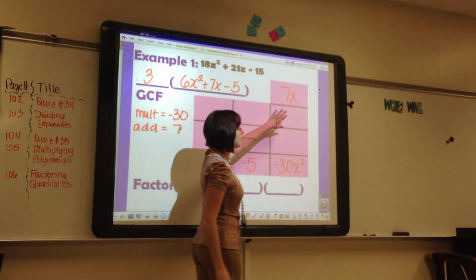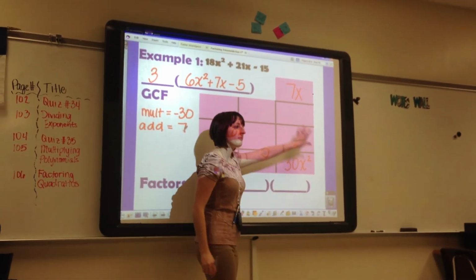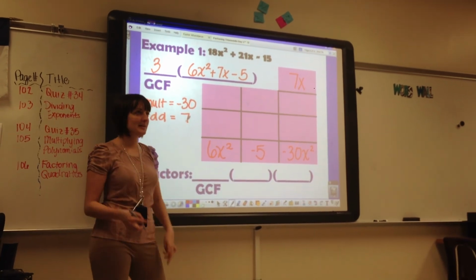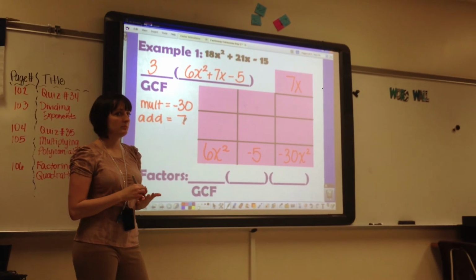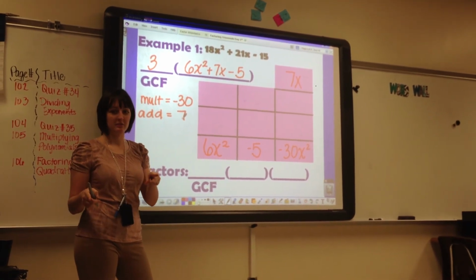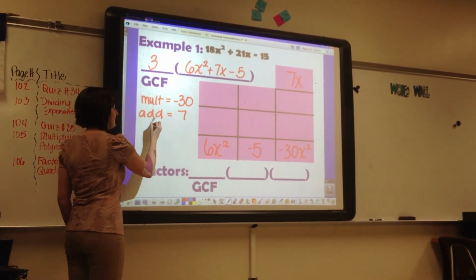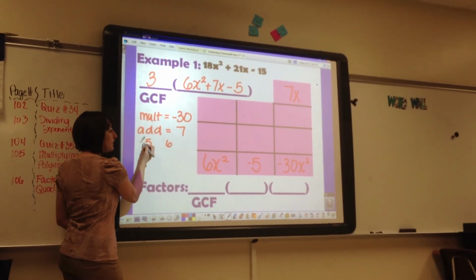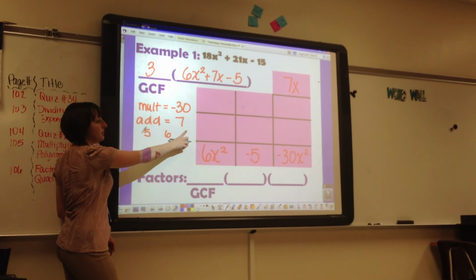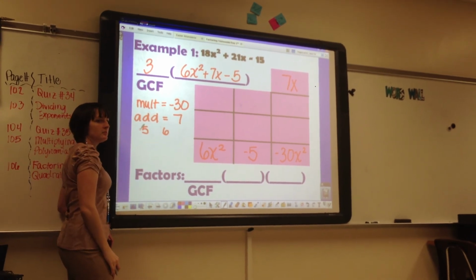So give me some numbers that multiply to give you 30. 5 and 6? Okay. If you made either one of them negative to make it negative 30, would it add to give you 7? Yes. Which one?